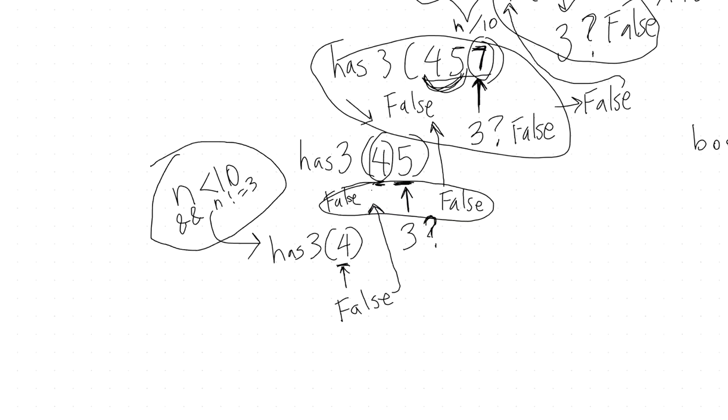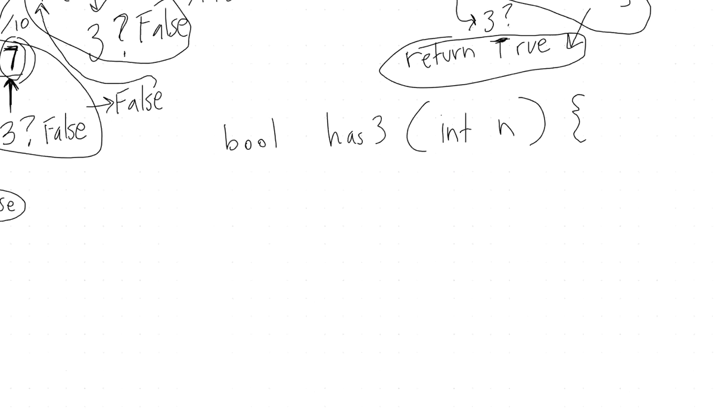So if the input is less than 10, if it's a single digit, and it's not 3, then that's a base case, and we can immediately return false. So if n is less than 10, and n is not equal to 3, then we return false.